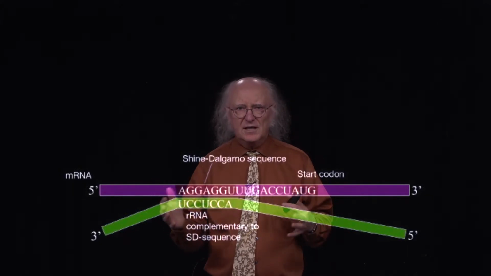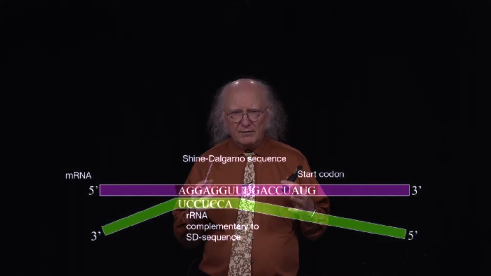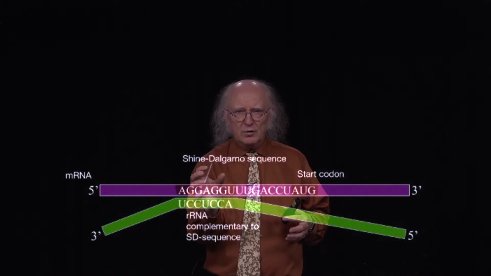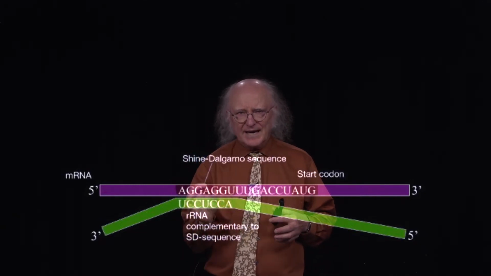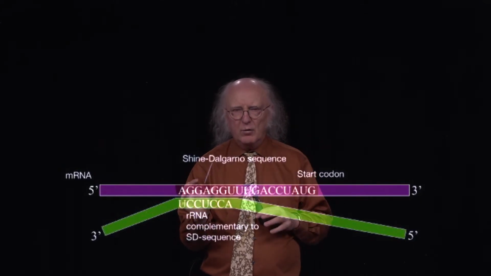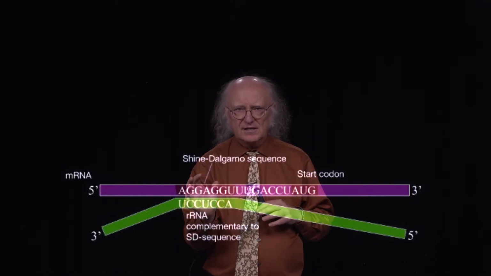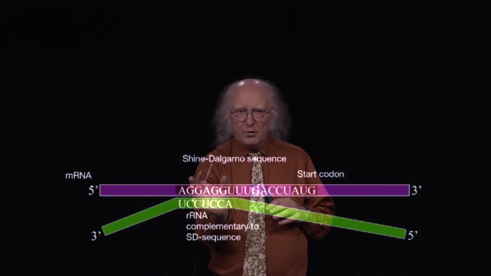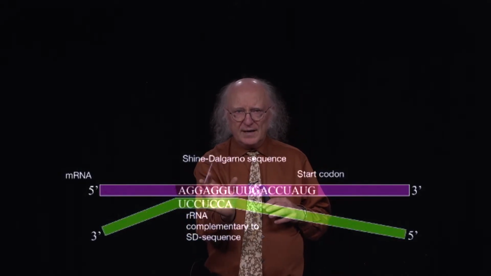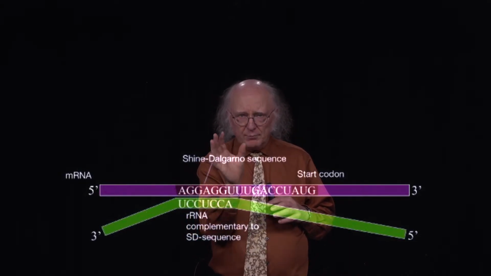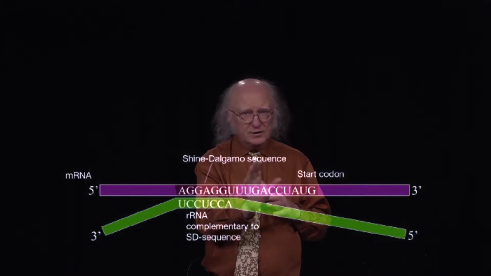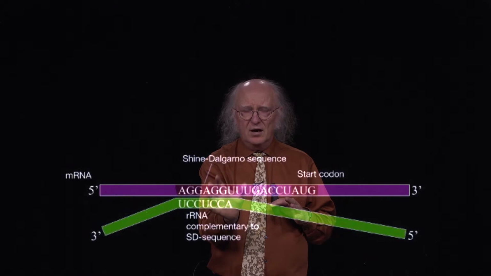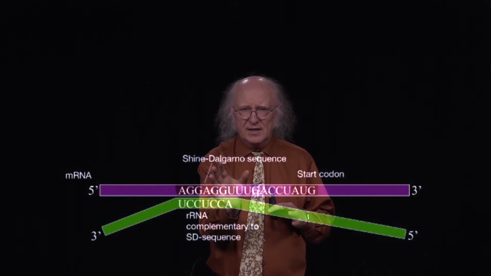I mentioned this in the lecture as well, but formylation involves putting a formyl group onto methionine to chemically protect it from reacting with itself, and I won't go into that here. That's discussed in the lecture. But that formyl methionine is the first amino acid in a prokaryotic protein being made. That is not found in eukaryotes. Eukaryotes don't need to do that for various reasons, as mentioned in the lecture.